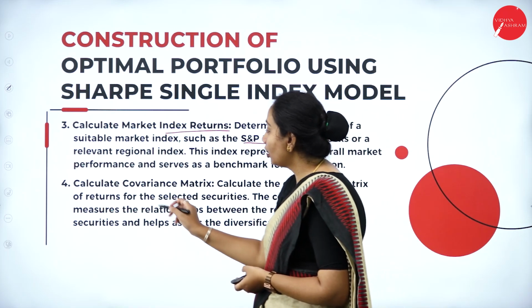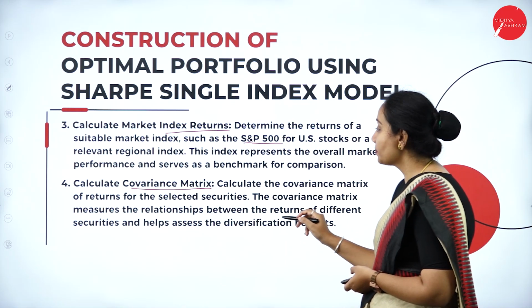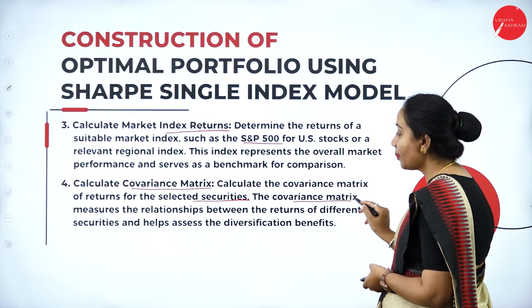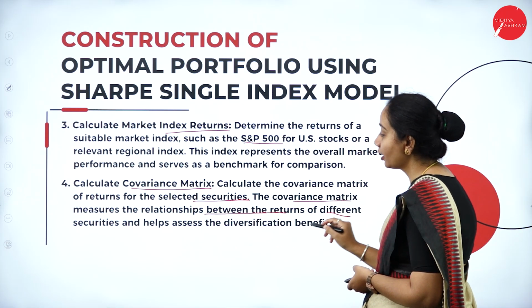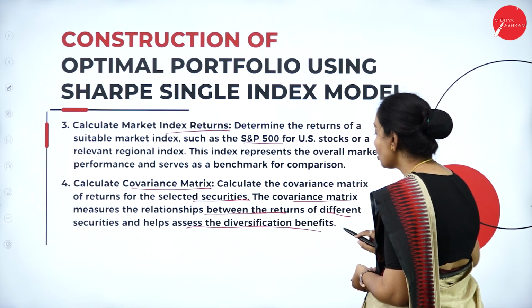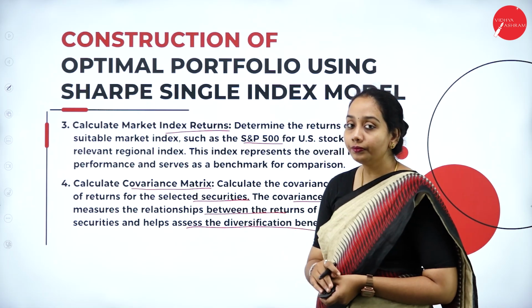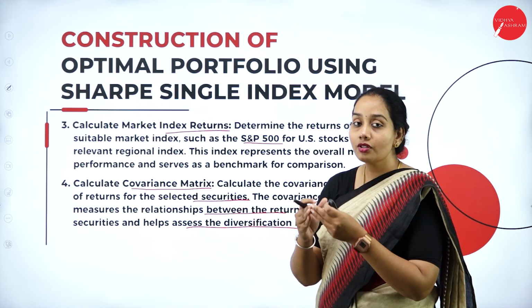So next is calculate the covariance matrix. That is calculating the covariance matrix of returns of the selected securities. The covariance matrix measures the relationship between the returns of different securities and helps assess diversification benefits. So it is the calculation of the risk and return matrix, that is the covariance matrix.